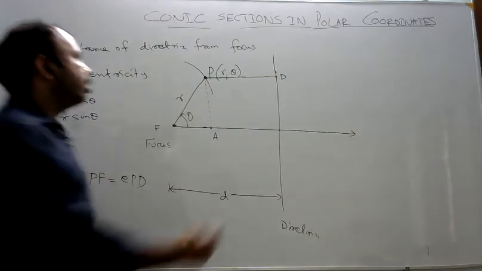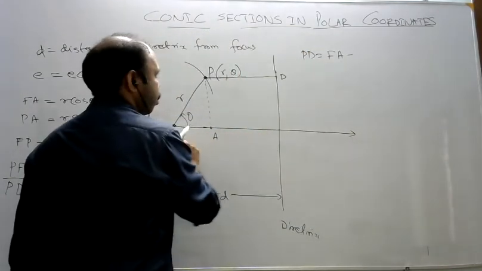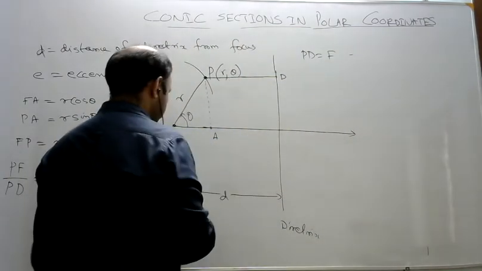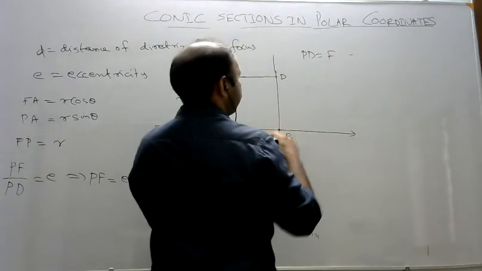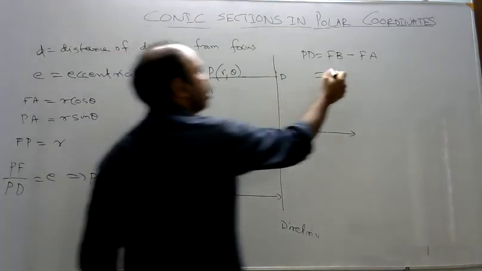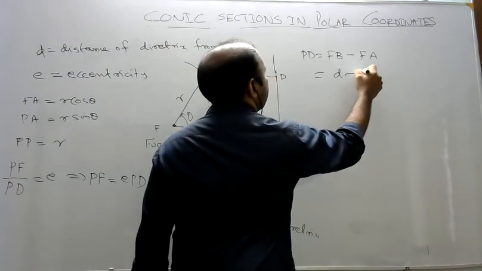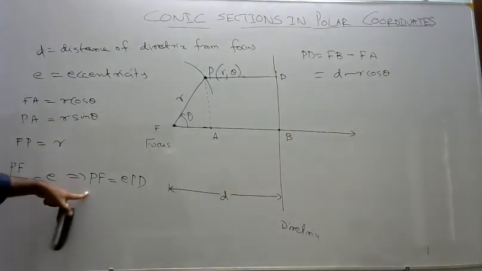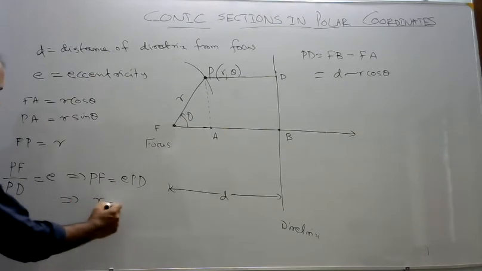From the figure, it is clear that PD is equal to this distance FB minus FA. What is FB? FB is d. What is FA? FA is r cos theta. And PF is r, so r equals e times PD.